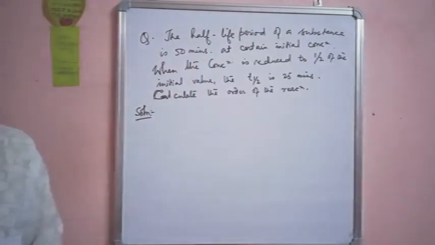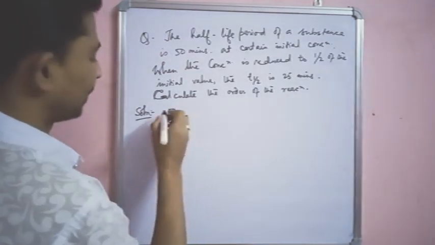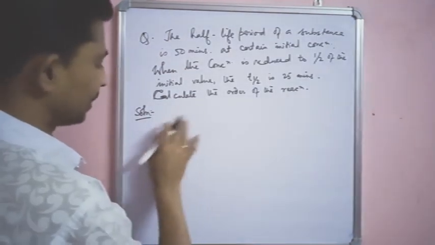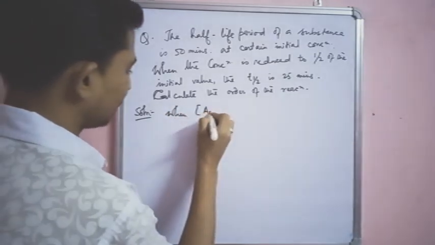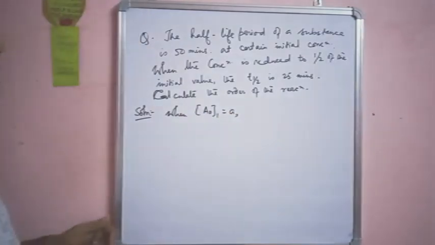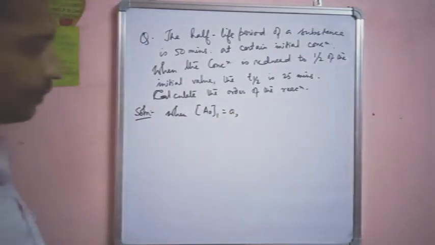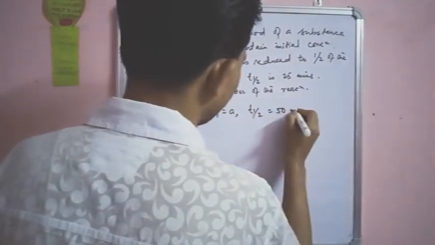So we know that here we are given that when A0 1 is equal to A, t half है 50 minutes.